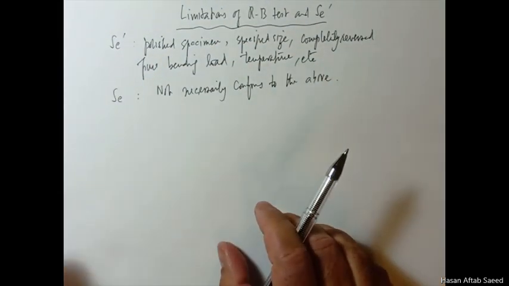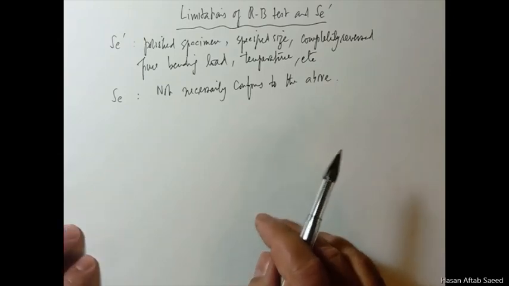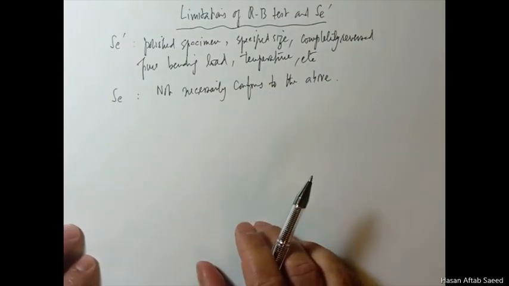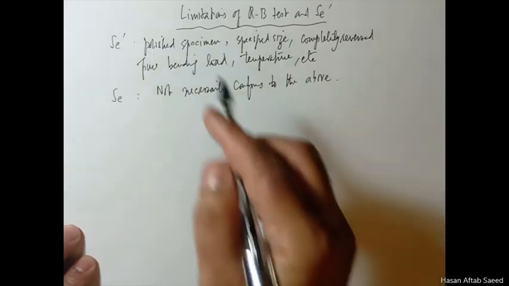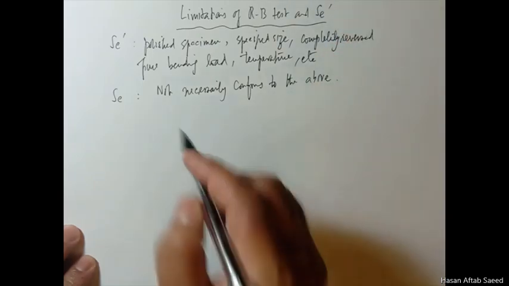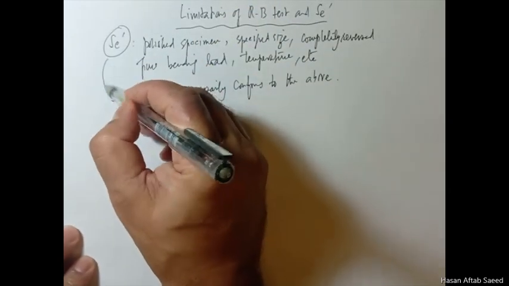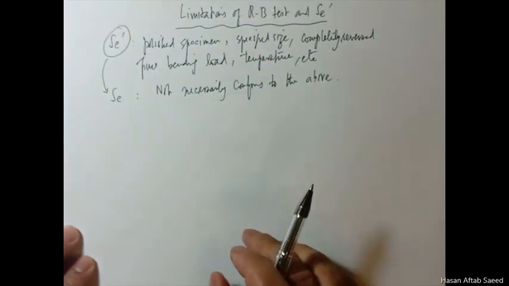It will have different sizes. It may be subjected to axial loading or torsion or a combination of bending and torsion and what have you. Similarly, it may be employed in an application where the temperature is different from the conditions of the rotating beam test. So obviously there is a limitation of this Se prime. Now we have to figure out somehow Se from the Se prime.